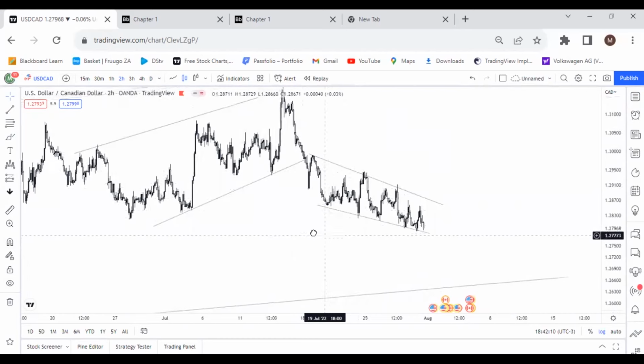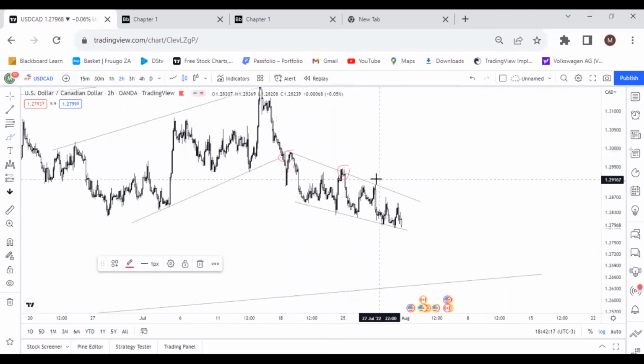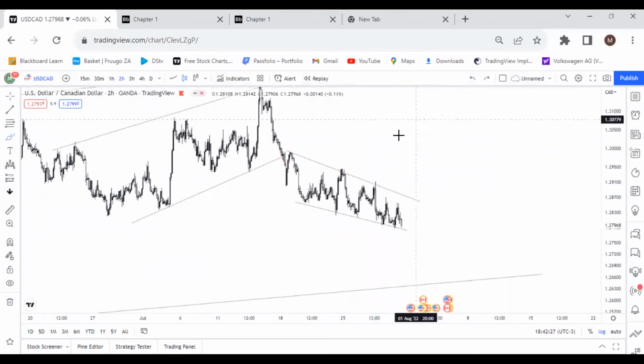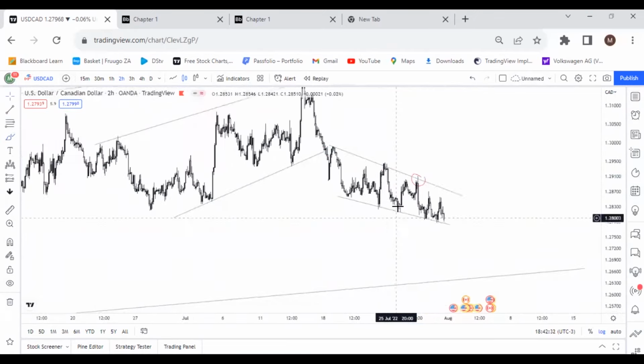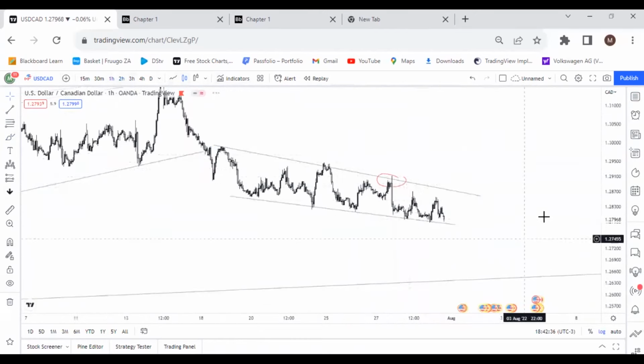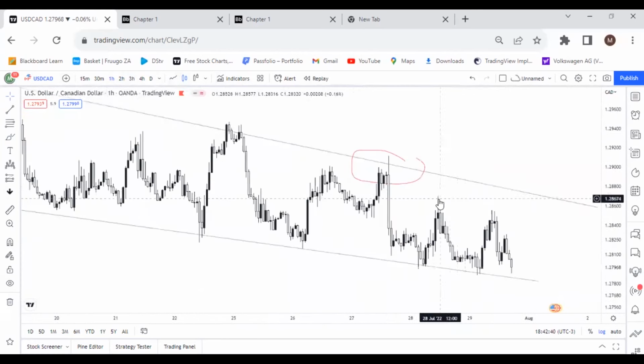So you can see if we count the touches, we have 3 touches. The price shot down, but then it's still trickling sideways right there. But if you did use this as your third touch and entered right after the confirmation, let me just zoom in to the 1 hour time frame.